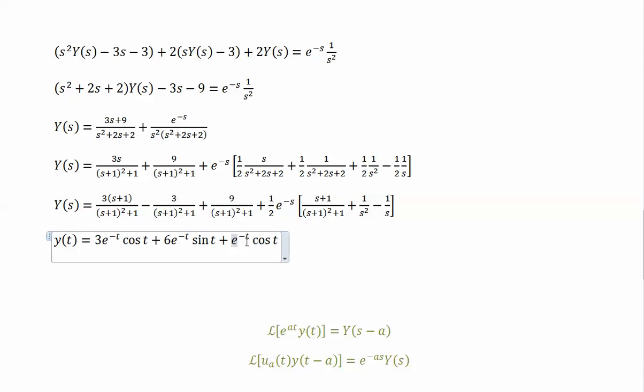So those two things I will have, and it's e to the minus s. So we have an a of 1 here. So I'll have a u1 of t, and this gets shifted by 1 to the right. So that will mean t minus 1 here and t minus 1 there.